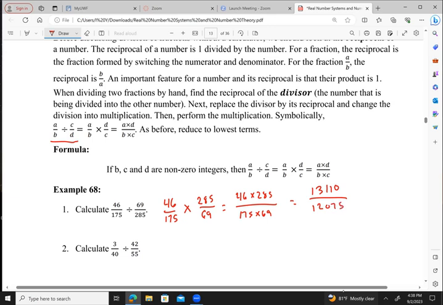And again, it doesn't say to reduce, so we'll hold off on doing that. And that would be our answer.